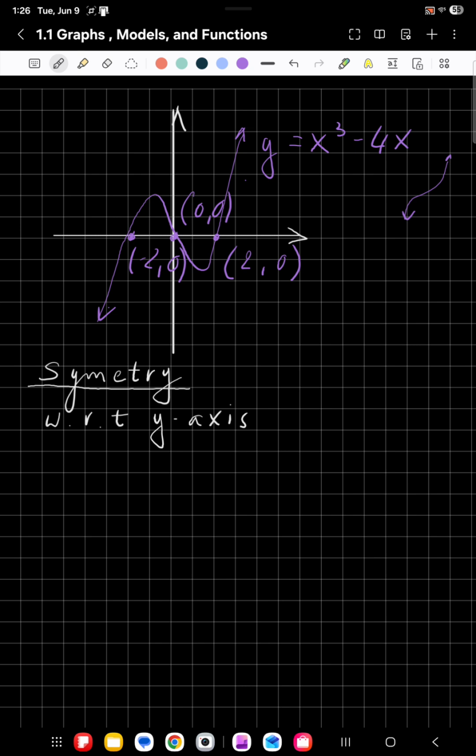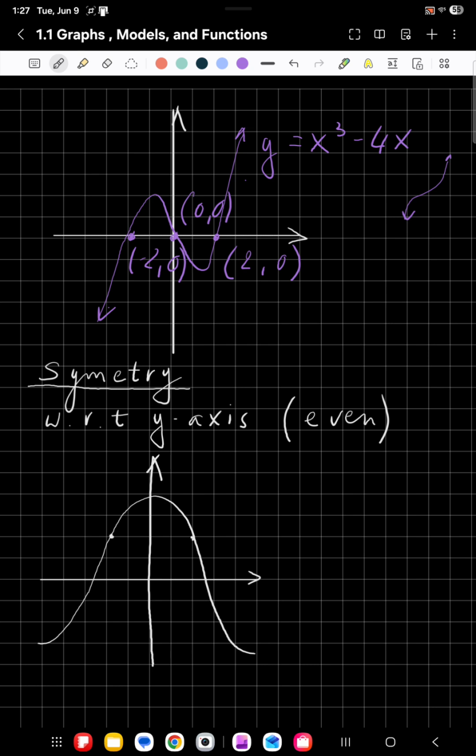Functions like that are usually referred to as even. So a function that's symmetrical with respect to the y-axis will be called an even function. Let me give you a little graph. Something like this. Let's have a couple of points as some kind of reference.